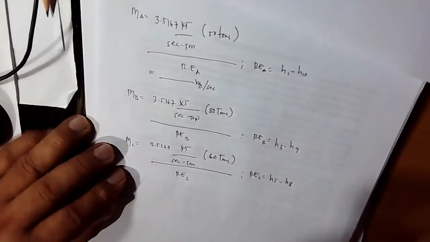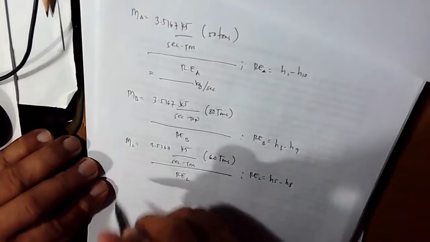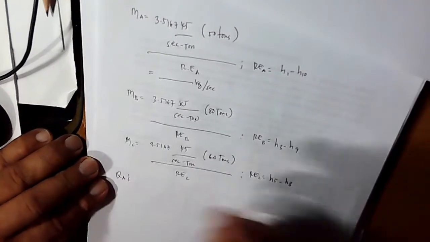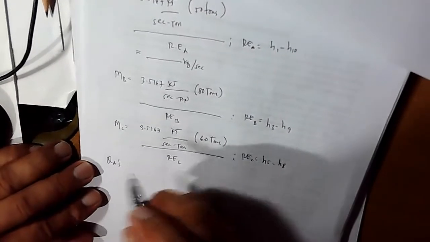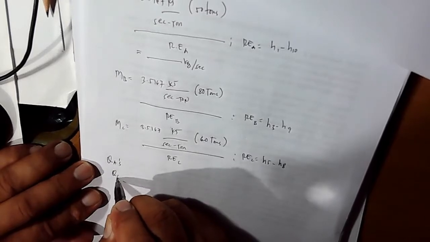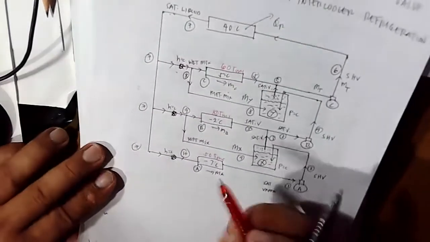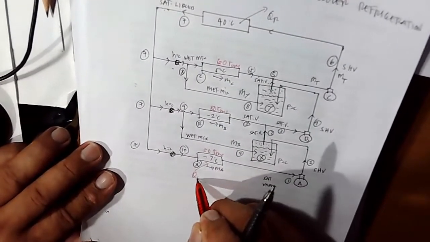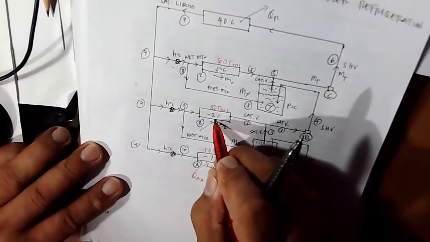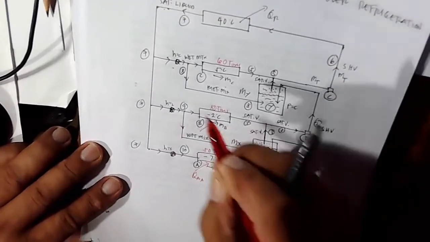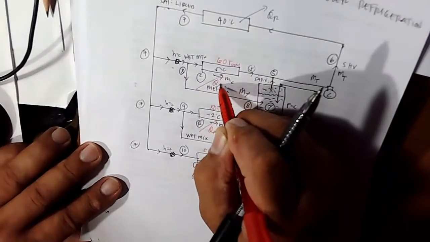Okay. You can now compute the QAs. Your QAs such as QAA in your evaporator A, this one, you have QAA, this one is QAB, and this one is QAC.